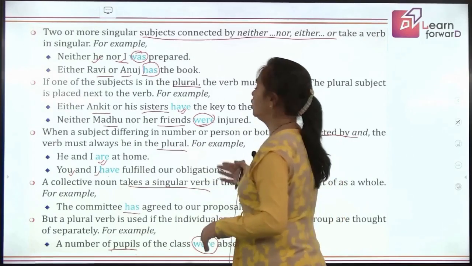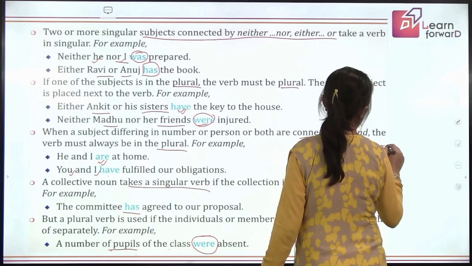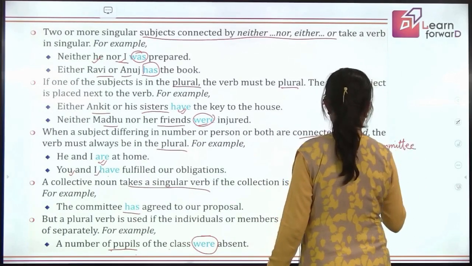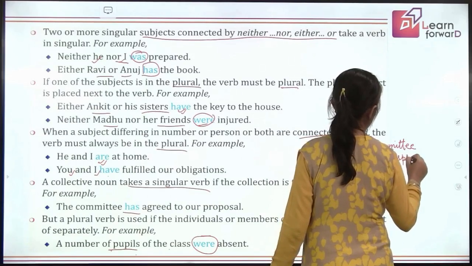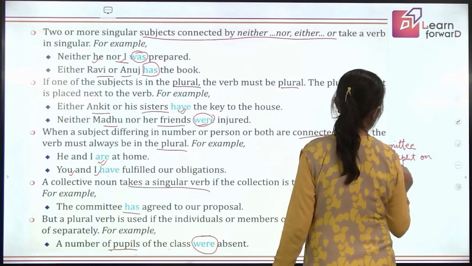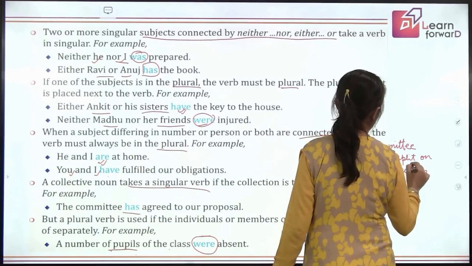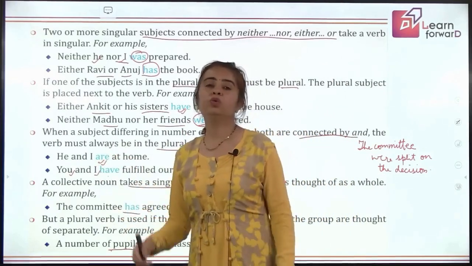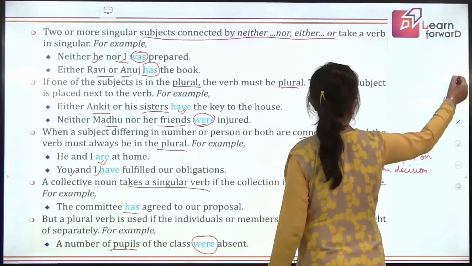But if they do not agree, we say the committee were split on the decision. That means there was a point on which together they could not come to the same decision. So they were split into units, not as one together, right? Not as a collective noun.